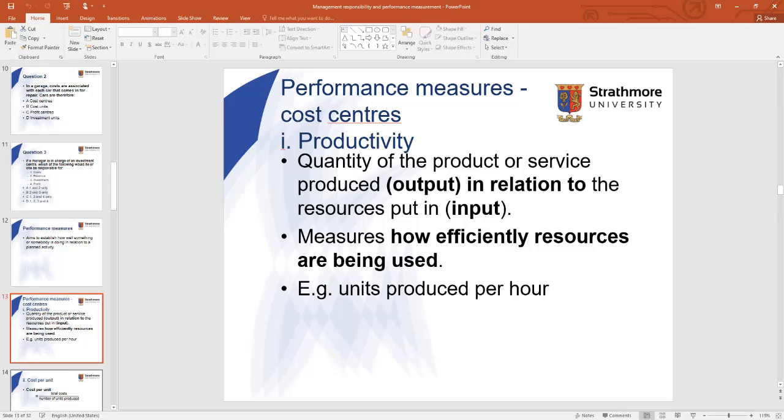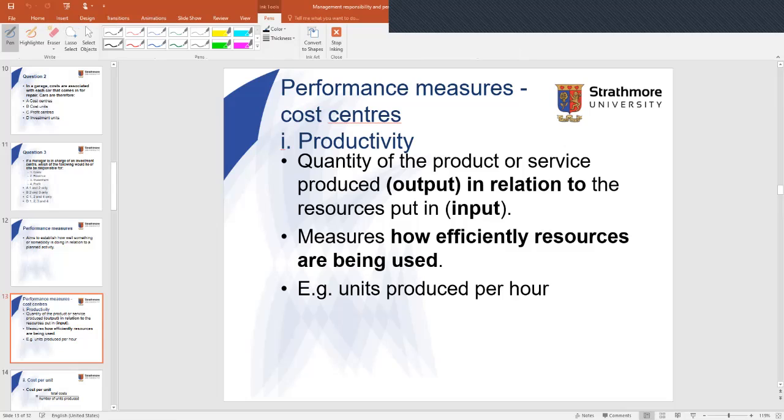So this is the quantity of products or services produced, the output in relation to the input. For example, for every 1 kg of material that we use, how many units of finished products is it able to make?